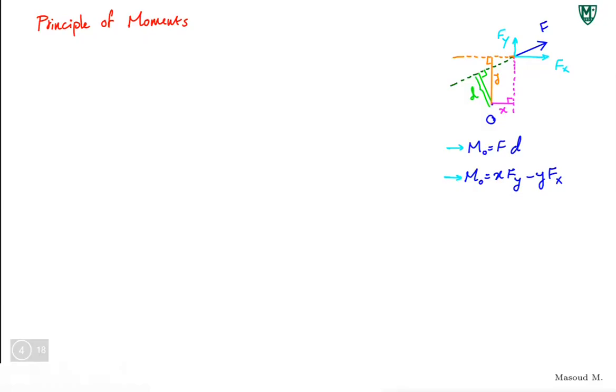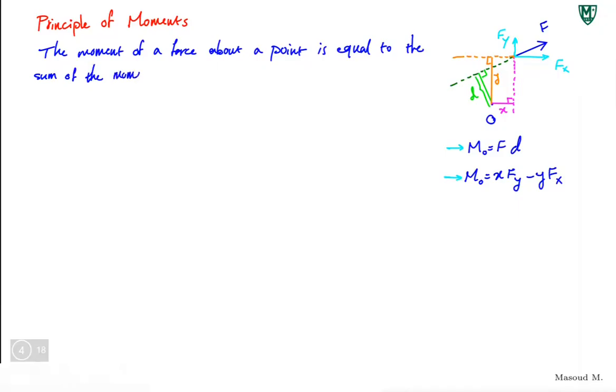That's it. So the principle of moment says, let me put it in words: the moment of a force about a point is equal to the sum of the moments of the components of the force about that point.